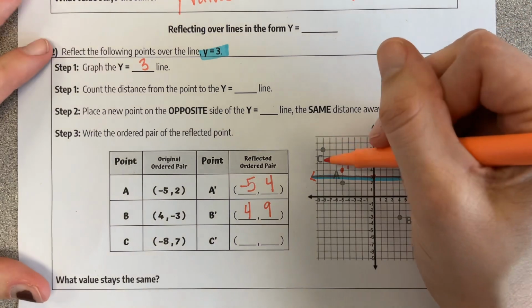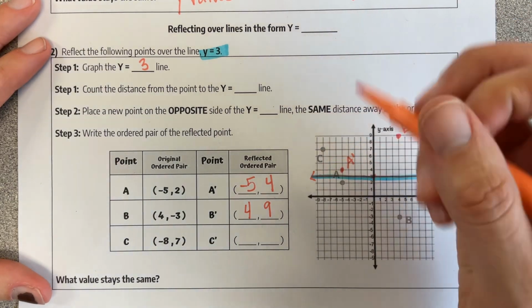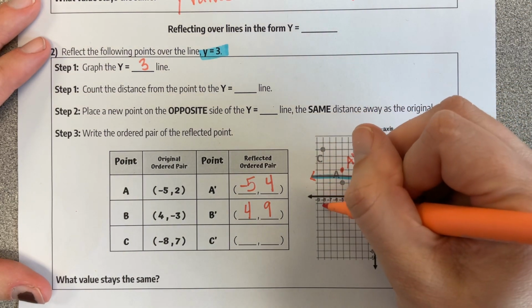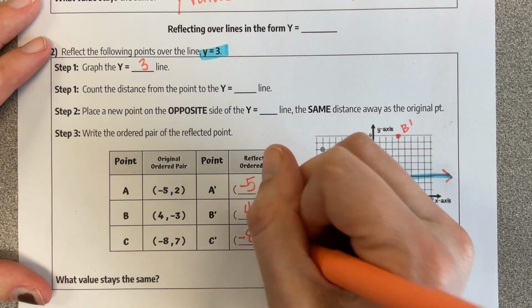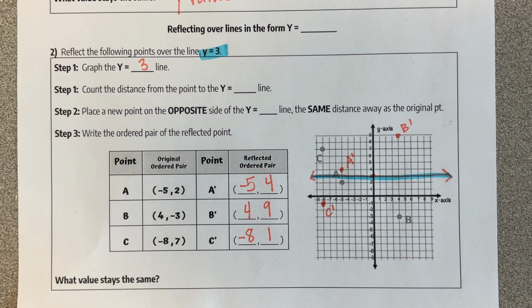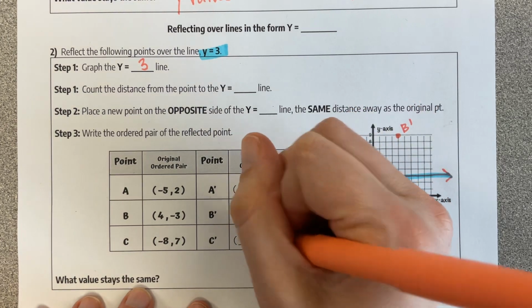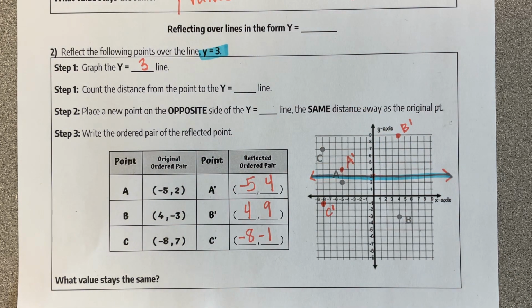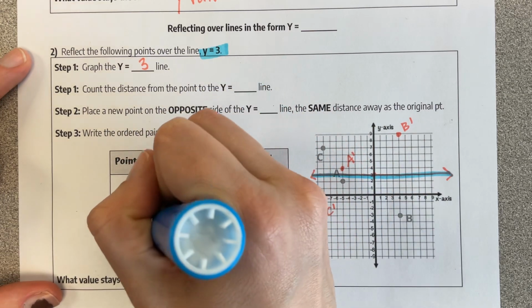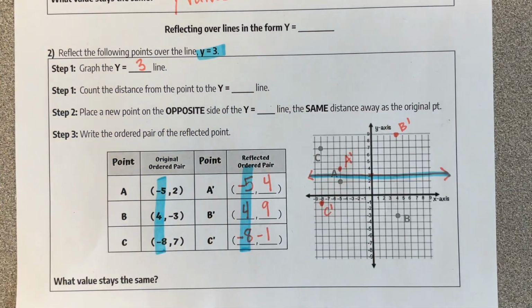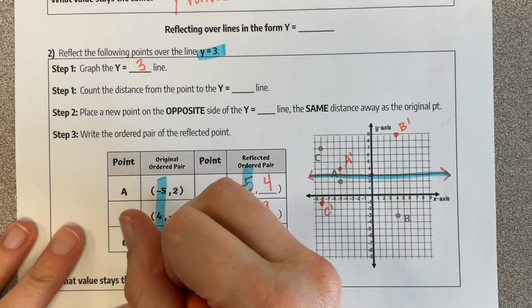Then C is 1, 2, 3, 4 above, so 1, 2, 3, 4 below for C prime, and that's at the point -8, -1. Now looking at my values, what value stays the same? In this case, the x values stayed the same.